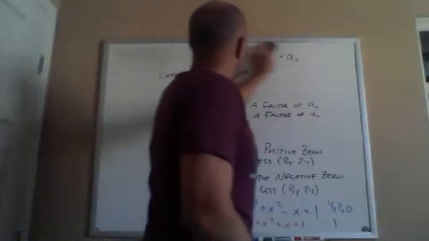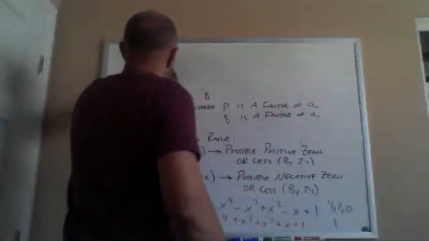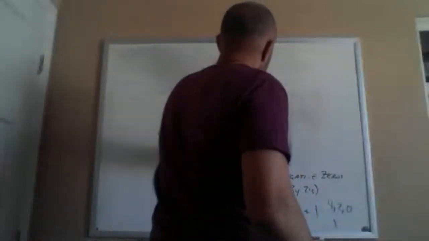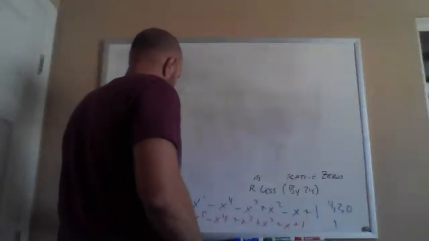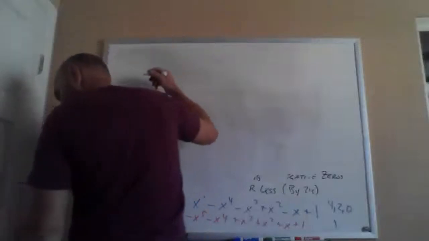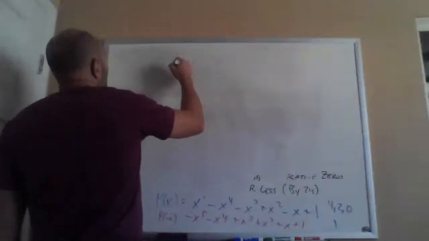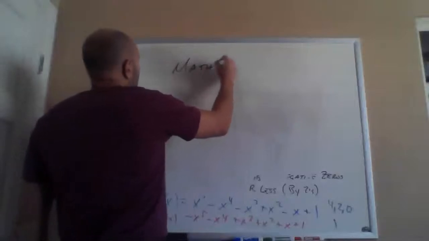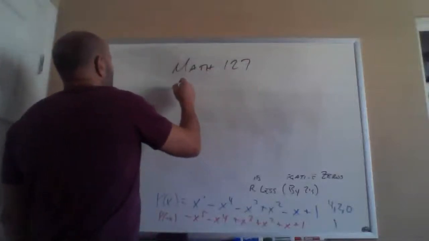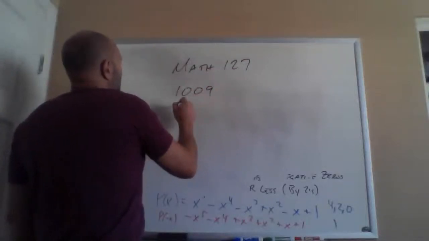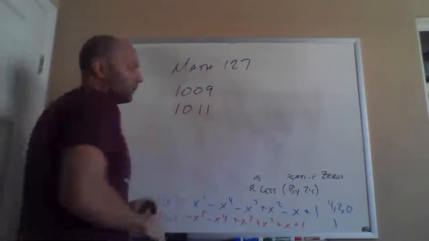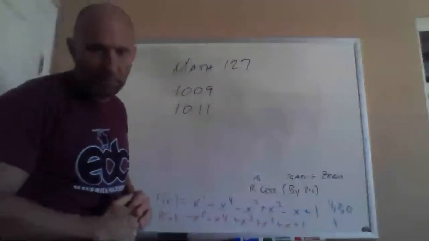What I can tell you is that for Math 127, I will be requesting sections 1009 and 1011.